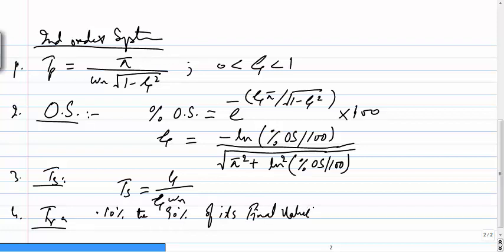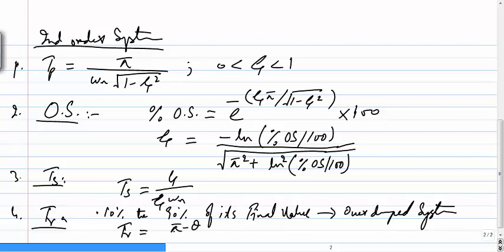We call it a range. So it is for overdamped system. Critical damp is a bit different.